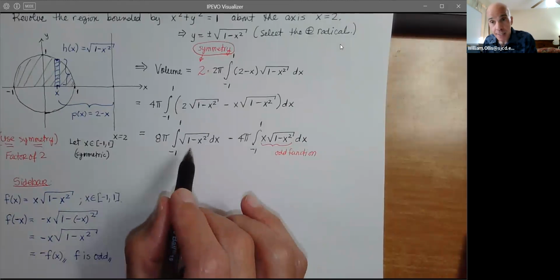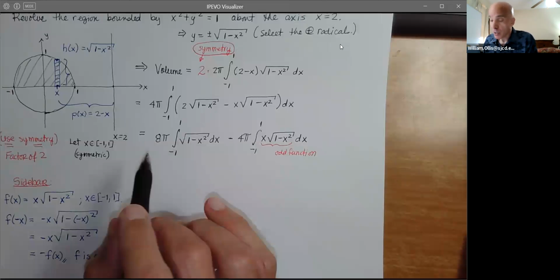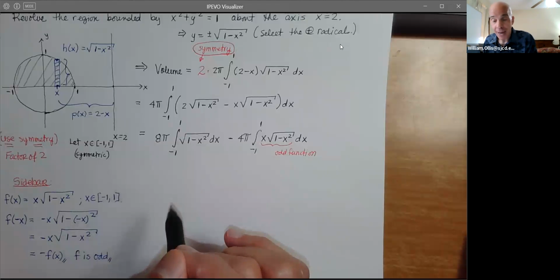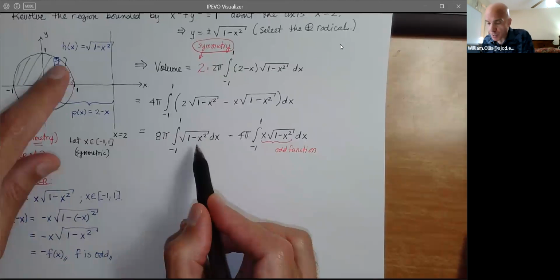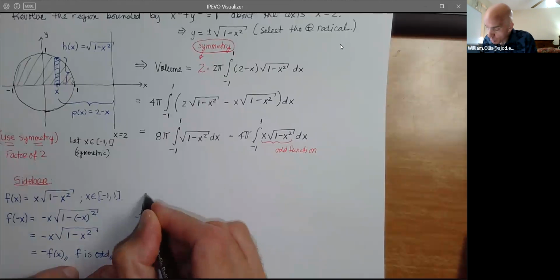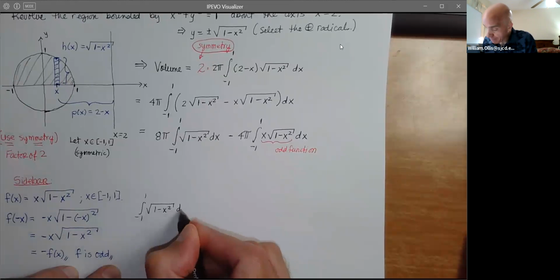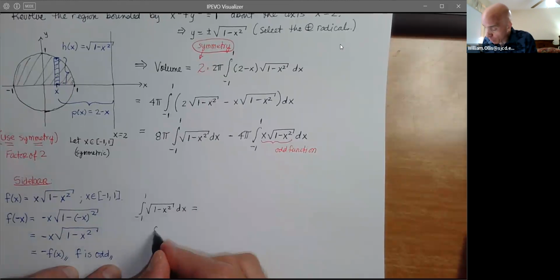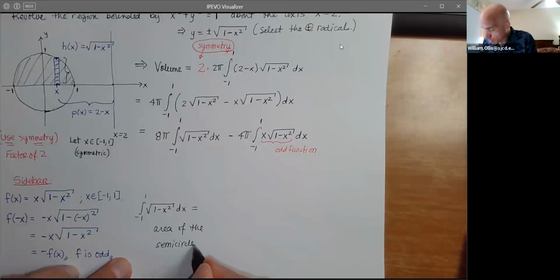But if you see this definite integral in a problem, you don't do anything but what I'm going to remind you of right now. Notice this is just this area right here. That is, note, the integral from -1 to 1 of the square root of 1 minus x squared dx equals the area of the semicircle x squared plus y squared equals 1.